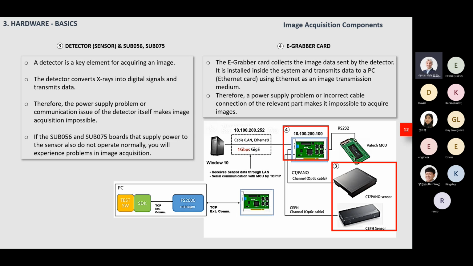So if you have, again, issues with the image acquisition, then most probably you will need to check if there is any incorrect cable connection, because the cable connections are used for both communication and image transmission. So both communication and image transmission are done with the same cable. There are not separate cables, all right?